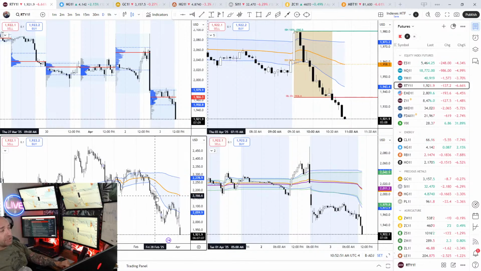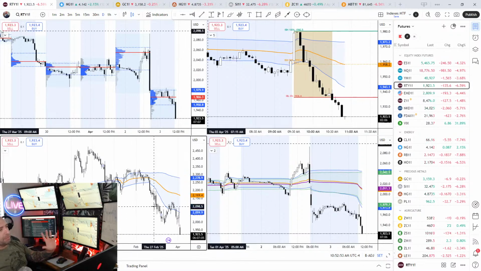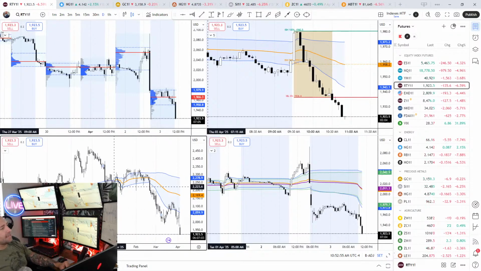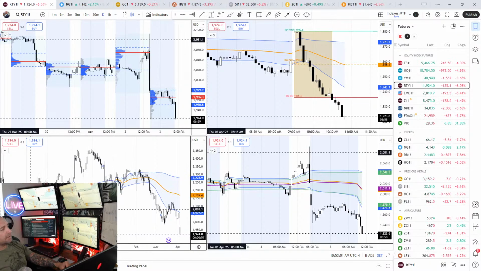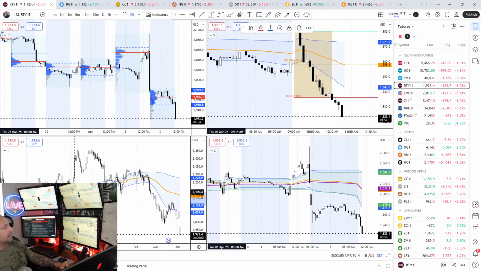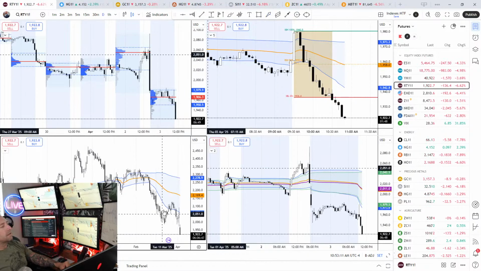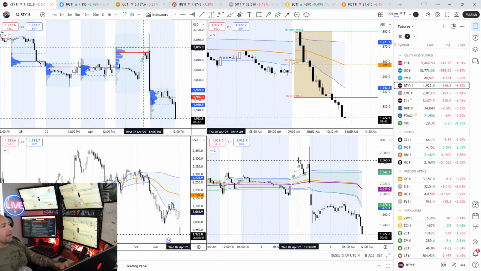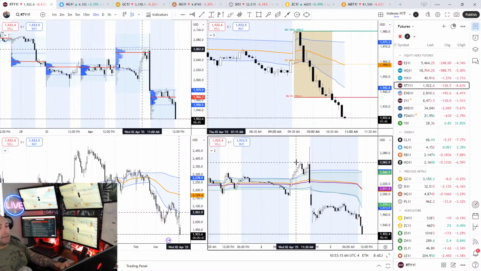Bottom left is the daily chart. Okay, so this is real big picture. And this is the yearly anchored VWAP. So it's anchored to the beginning of the year. You can see this plays major levels on the yearly chart here. Okay, and then the bottom right, this is the 30-minute.